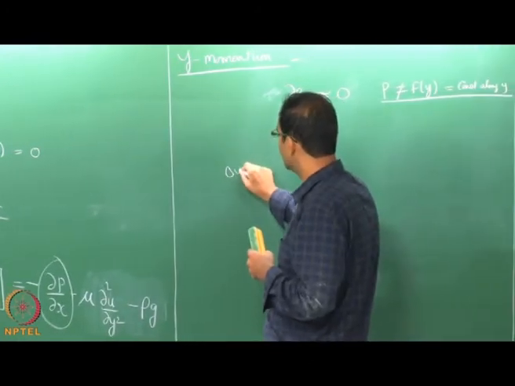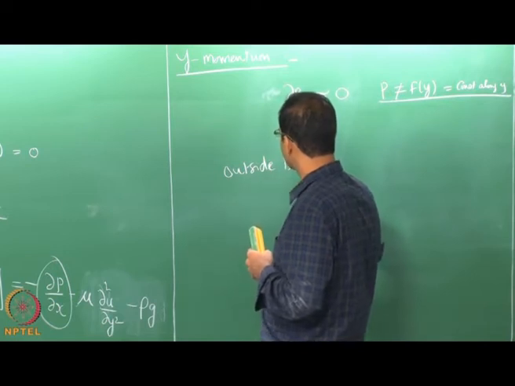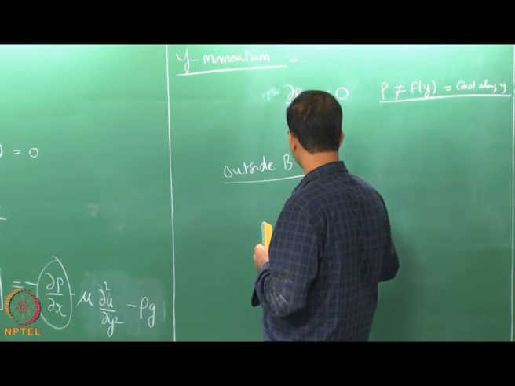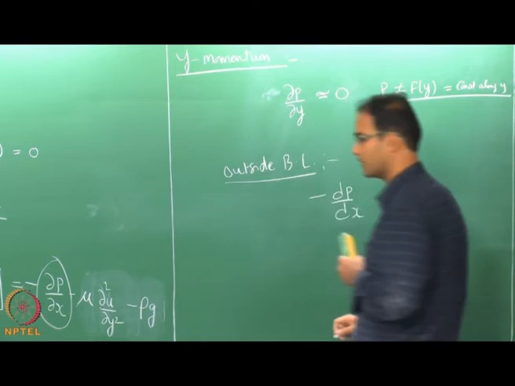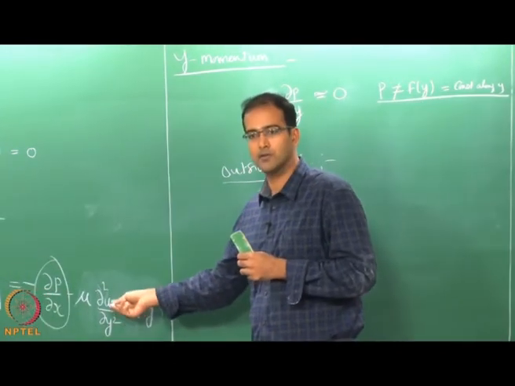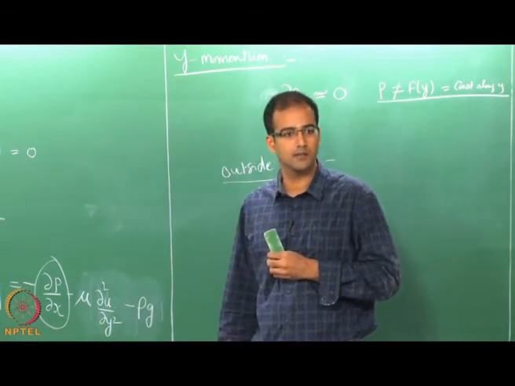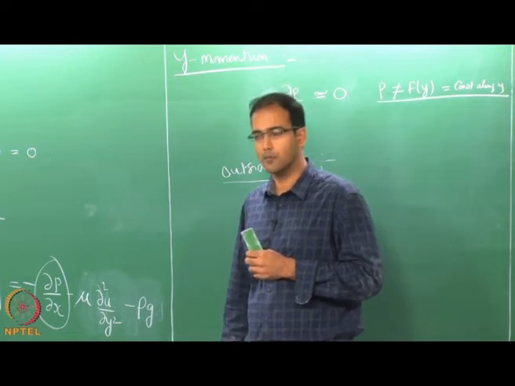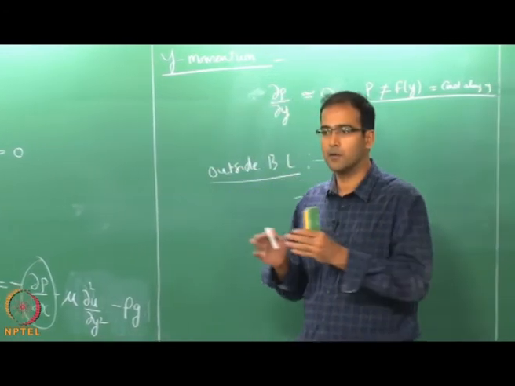If you write the momentum equation outside the boundary layer, you end up with minus dP by dx, and then what else? You do not have an advection term, you do not have any diffusion term outside, there is no viscosity, but you have body force. But we will distinguish the density within the boundary layer from outside.